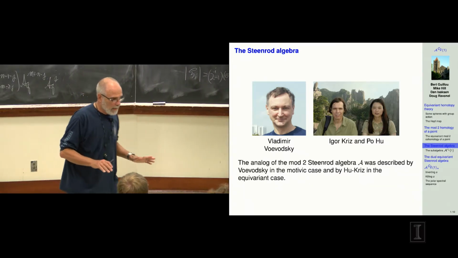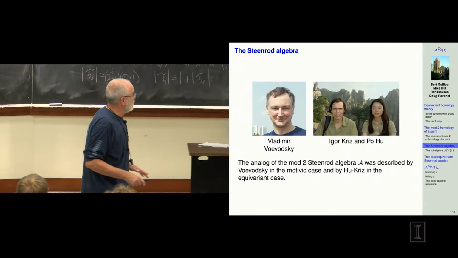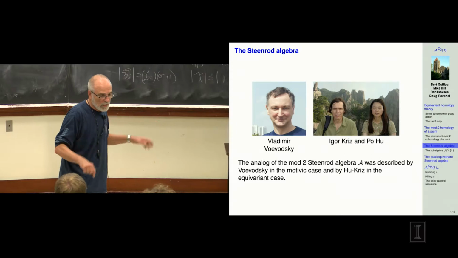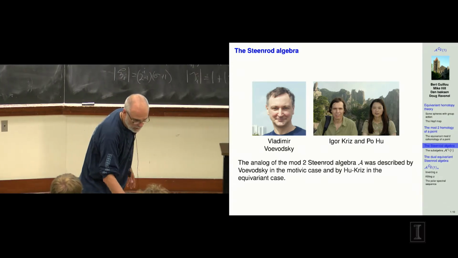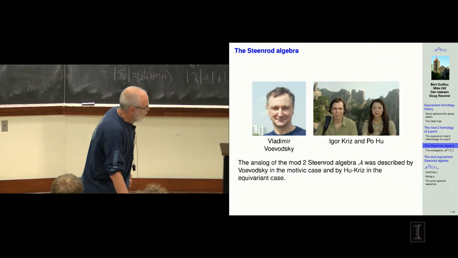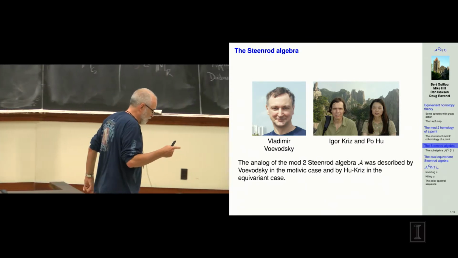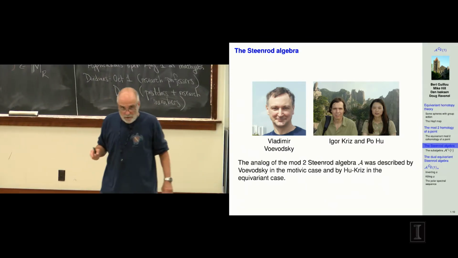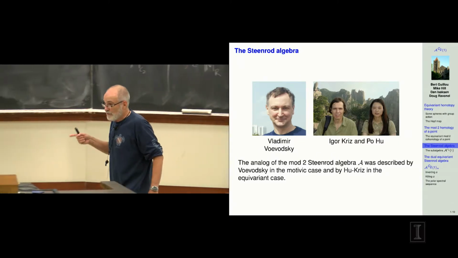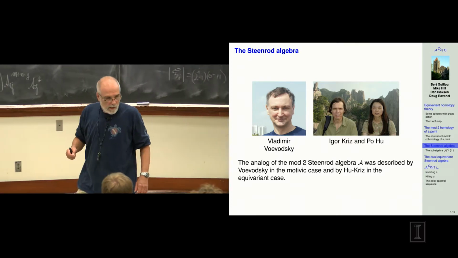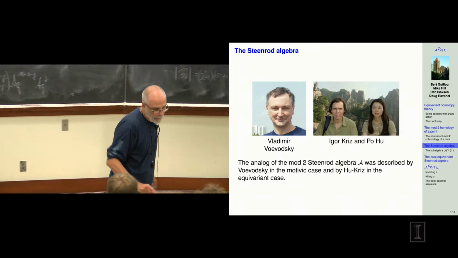And the answers are essentially the same modulo translating the notations. They get the same answer, and I'm going to describe it in two different ways. First, I'm going to describe it as an algebra generated by squaring operations, as in the classical case. And then I will tell you what the dual algebra looks like.